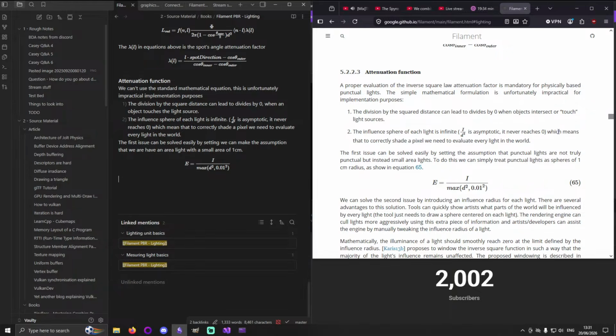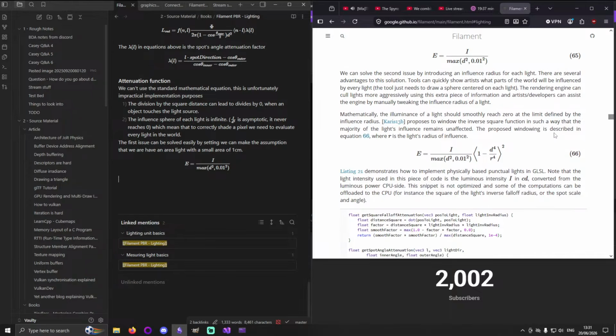All right. So we can solve the second issue by introducing an influence radius for each light.